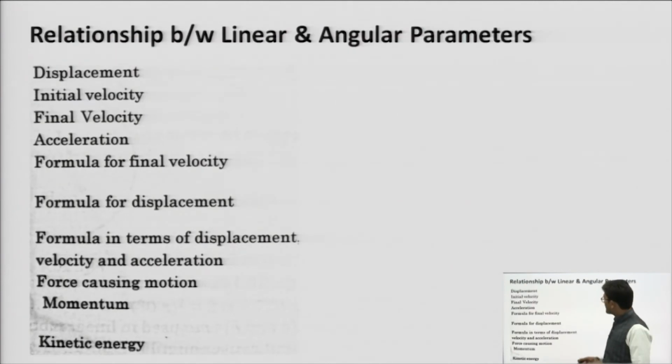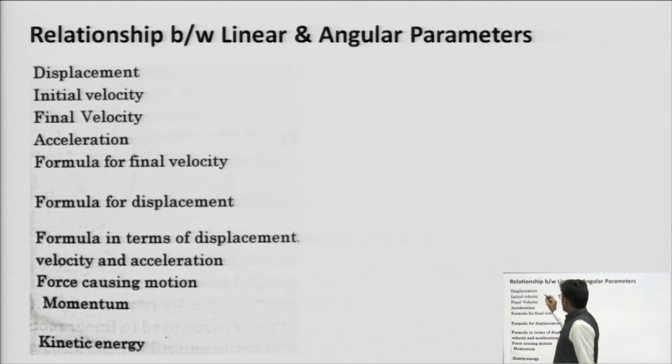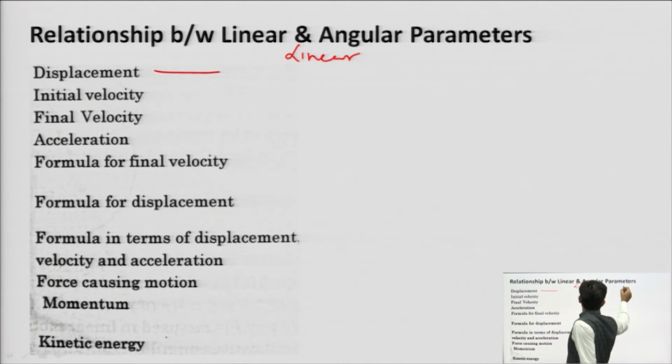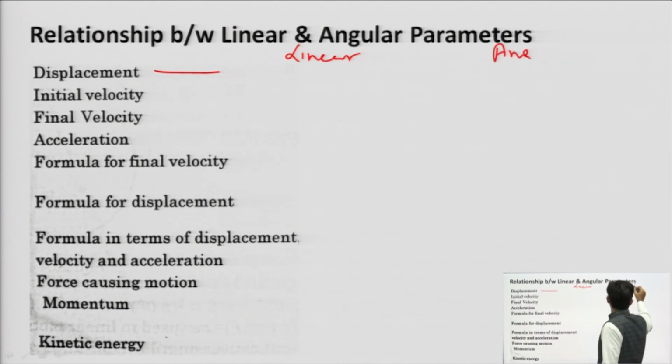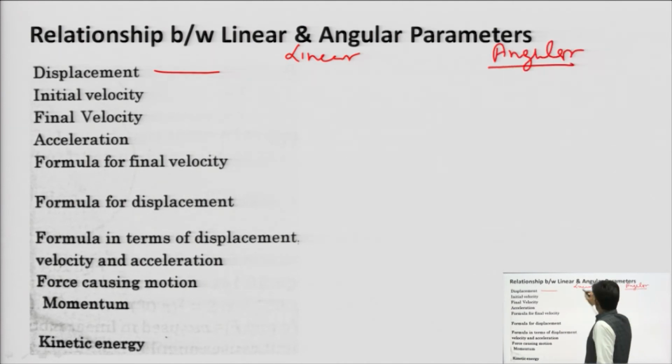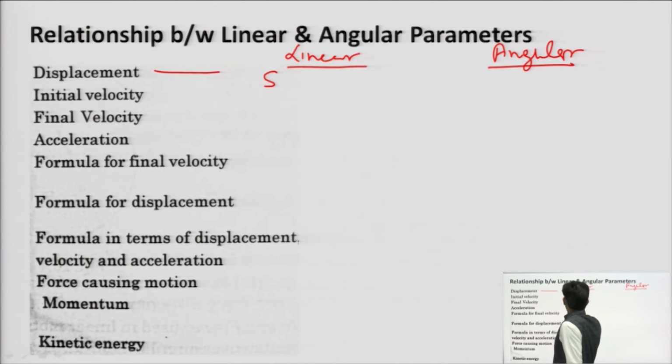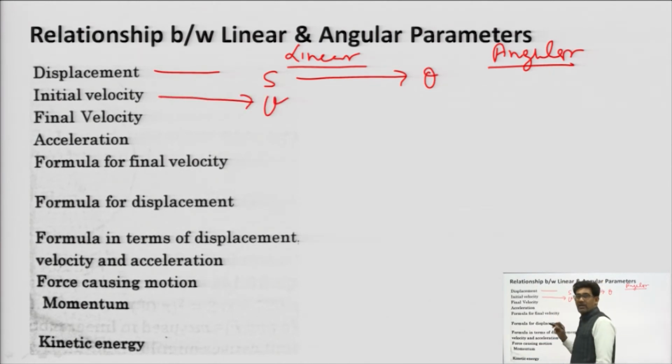Let us talk about the relationship between linear and angular rotational parameters. Displacement in linear is s, in angular it is theta. Initial velocity was u, in angular it is omega naught.